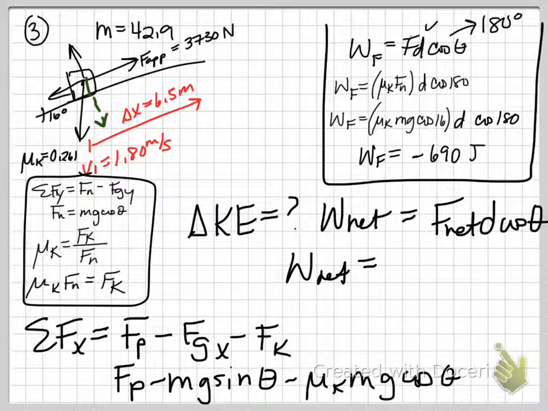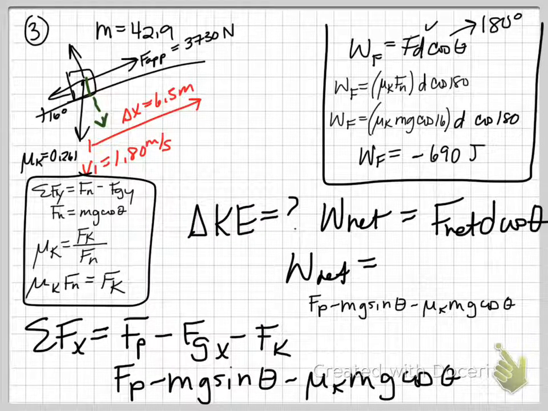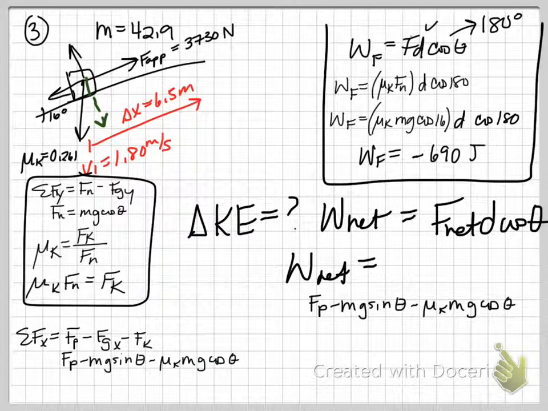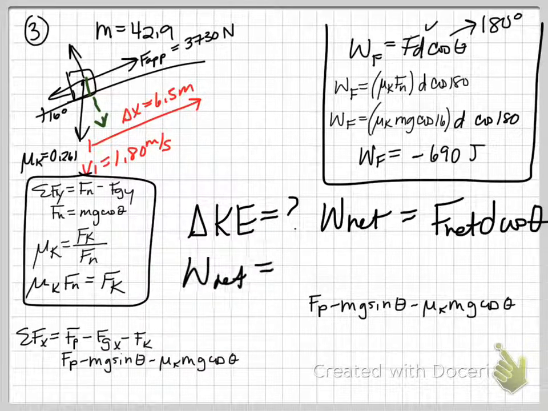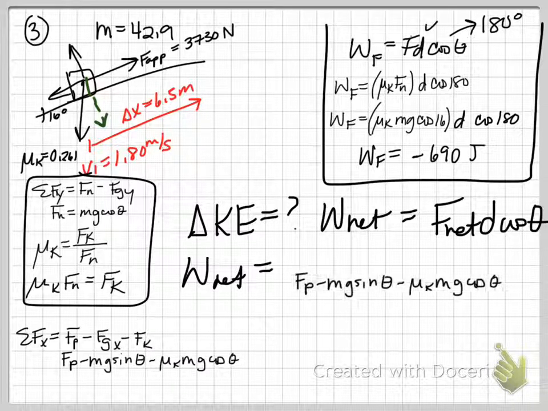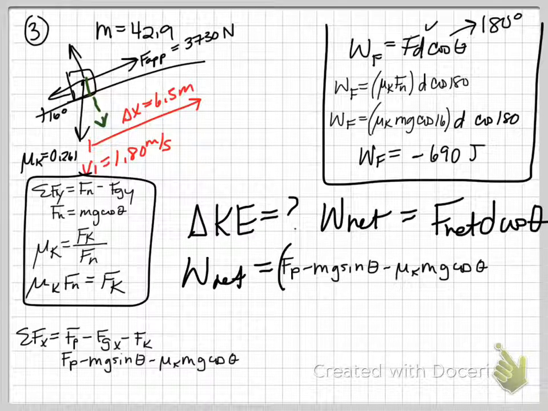Copy, paste. Times d times cosine 180, or I'm sorry, cosine 0.